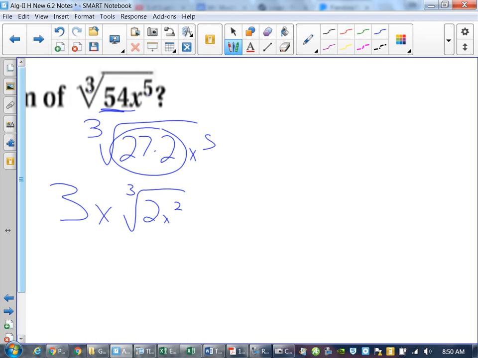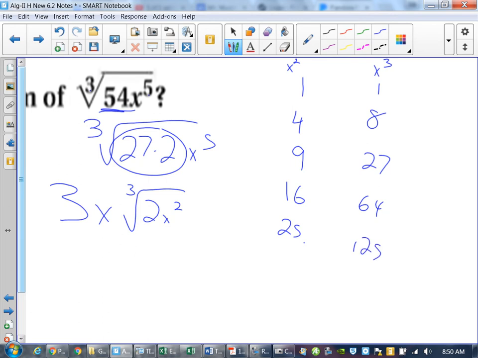I'm looking for, when you had perfect squares, your perfect squares were 1, 4, 9, 16, 25, and so on. Same idea, perfect cubes are 1, 8, 27, 64, 125.